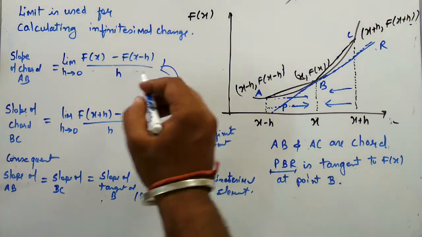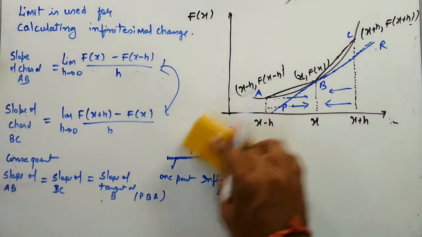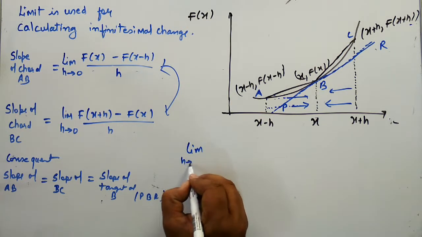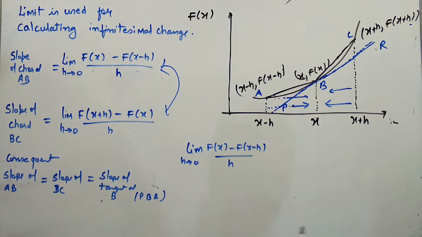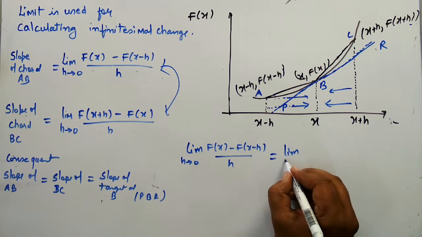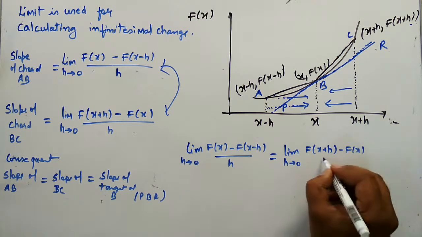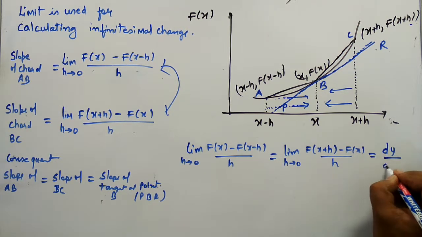So we are getting a very important conclusion from this. If this is so, then limit h tending to 0 of f of x minus f of x minus h by h will be equal to limit h tending to 0 of f of x plus h minus f of x upon h, and that will be equal to the slope of that tangent at point B, which is dy by dx.